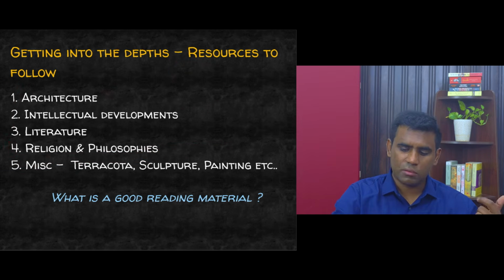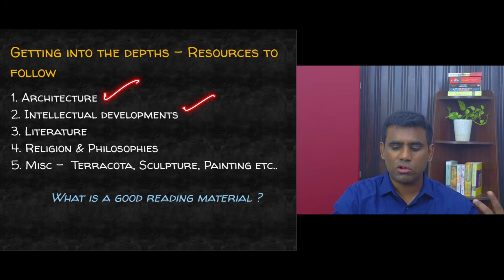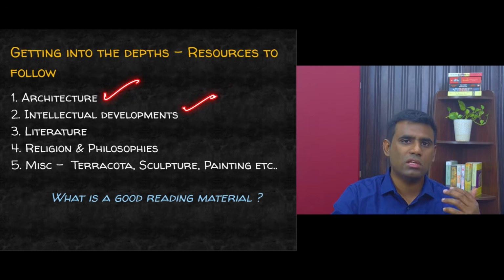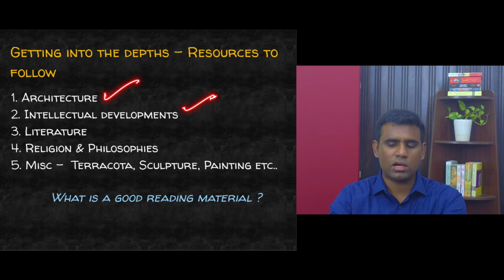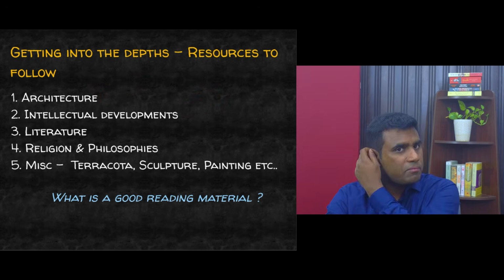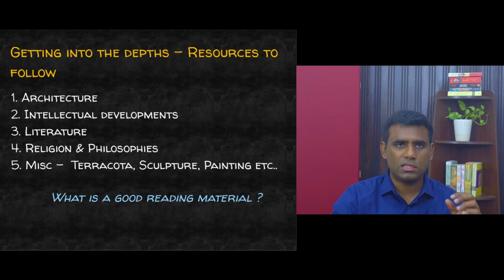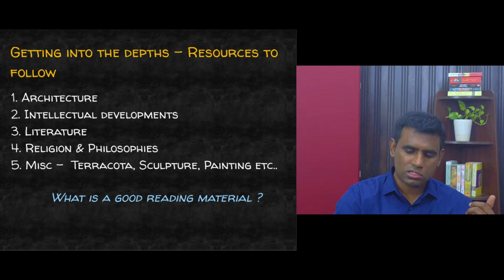What are they? From architecture, intellectual, philosophical developments, right? You have different philosophical schools, Upanishadic development, Buddhist ideas, Jain principles, the Hindu religious system, how did it transform over time, right? So these are some developments, some areas from where questions can be asked. And in addition, literature.